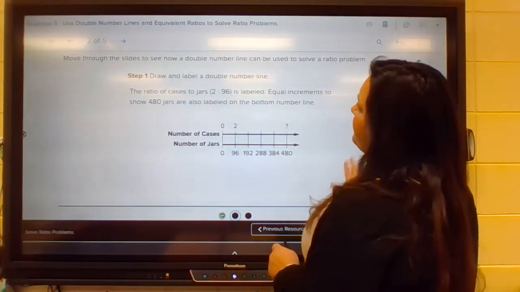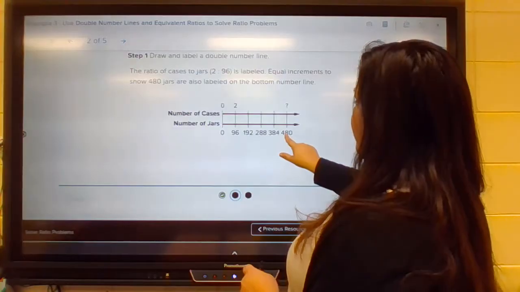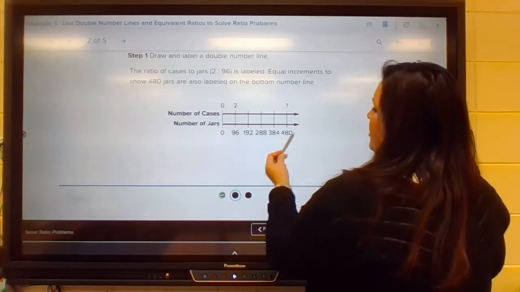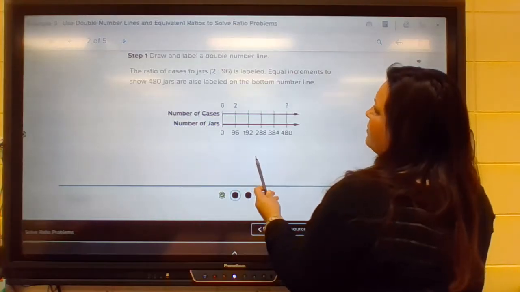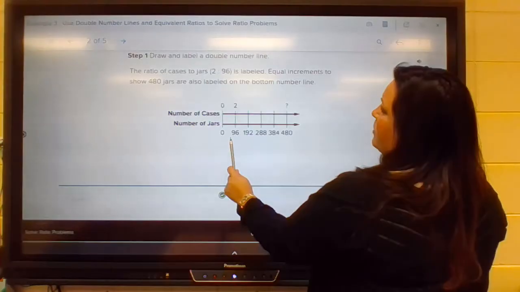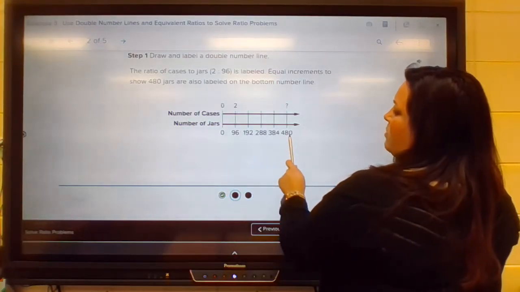We know that we have 480, okay? And we have 2 here. So we need to figure out the missing values here. The ratio of 2 cases to 96 jars is labeled, and we are going to increase the number of jars up to 480.